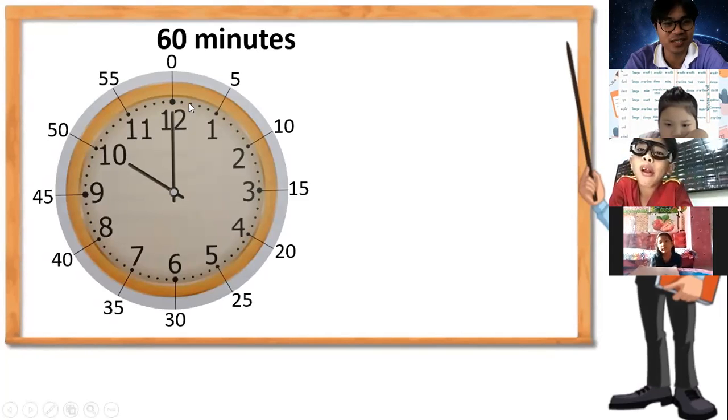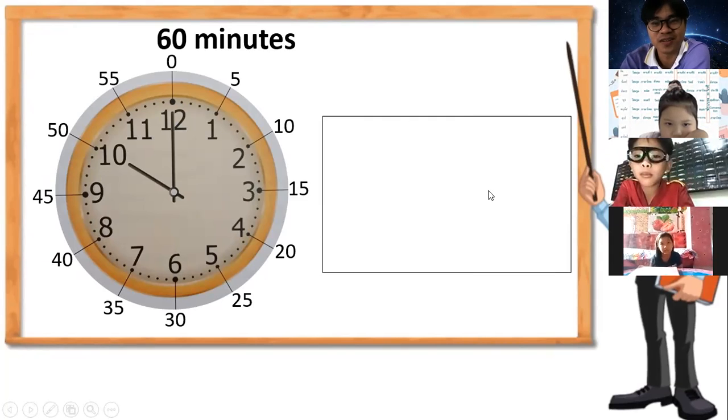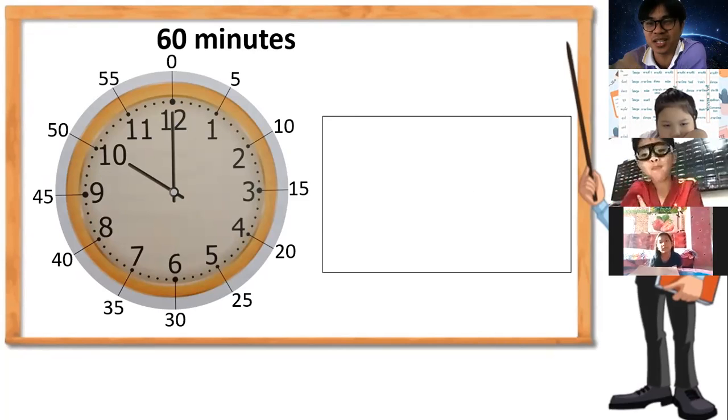So if you count these dots here, there is a total of 60 minutes in 1 hour. Let me ask you, how many seconds in 1 minute? Who can tell me?